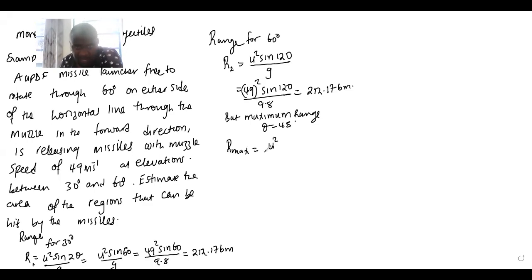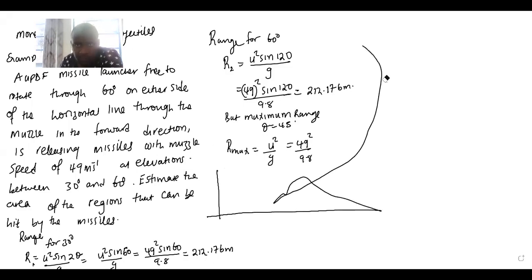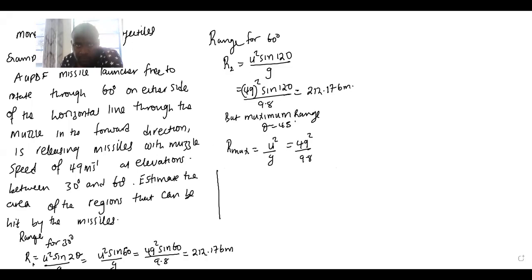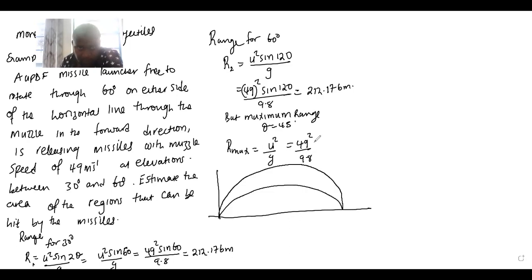Range maximum would be U squared over g, which is 49 squared over 9.8. We get 245.